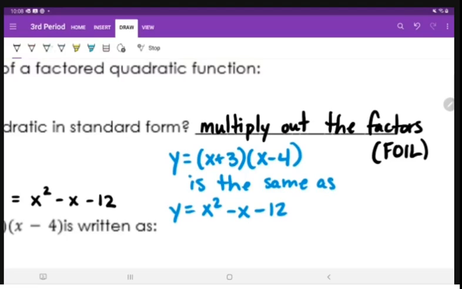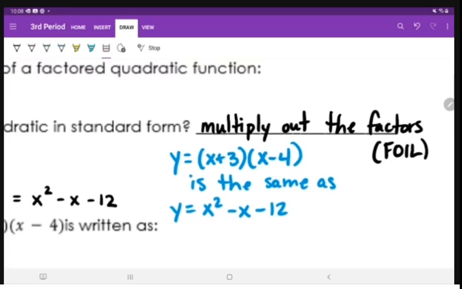Imagine if you had y equals 2 times 3 and y equals 6. These are the exact same thing because 2 times 3 is 6. So that x plus 3 times x minus 4 is the same exact thing as x squared minus x minus 12, okay? And we'll talk about how we can do these for ourselves when we meet again after break.